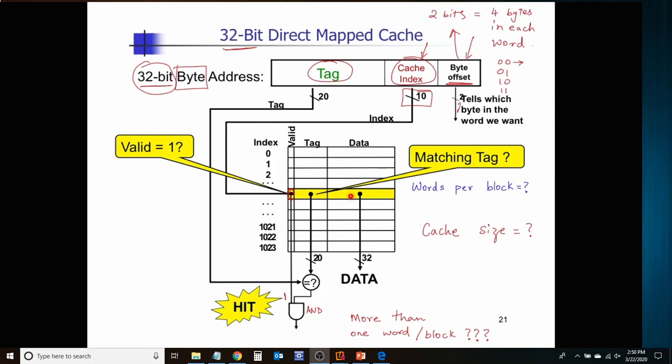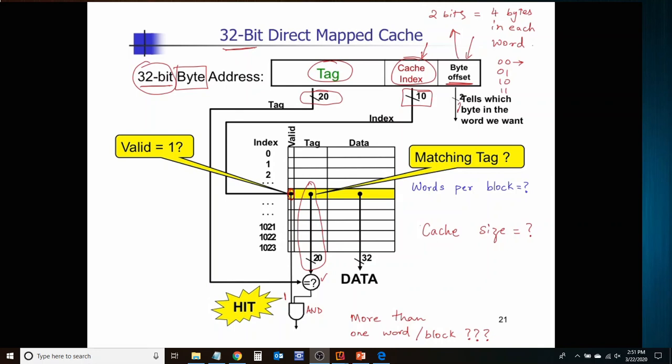And also, the output of this comparator needs to be a 1, which means that we check whether the 20 bits in this tag field are the same as the 20 most significant bits of the memory address we are trying to access.